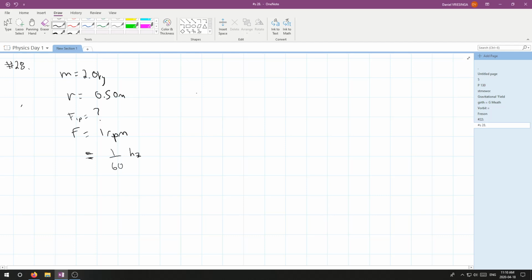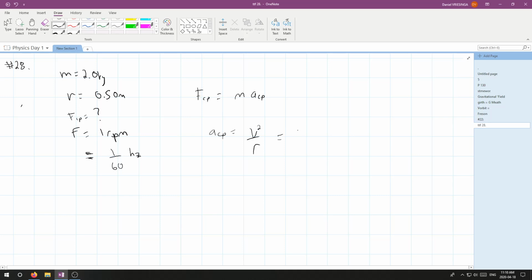Great. So what does F_CP equal? F_CP equals your mass times your centripetal acceleration. What does centripetal acceleration equal? It equals v squared over r, correct? But we don't have a velocity in this question. We actually have a frequency.